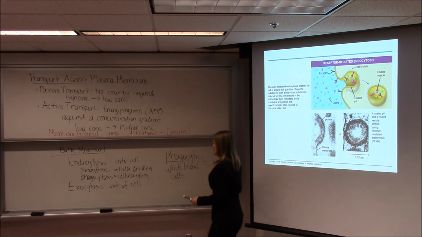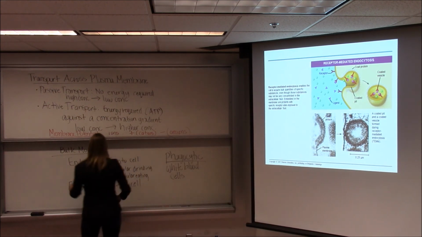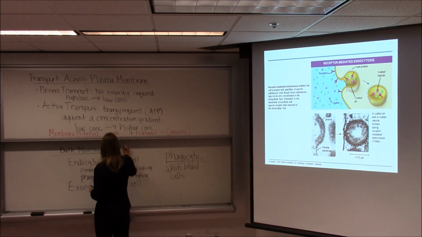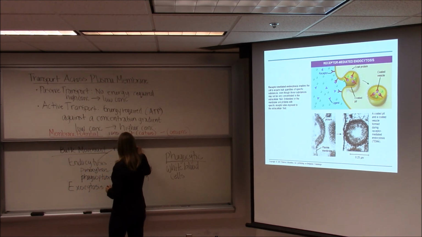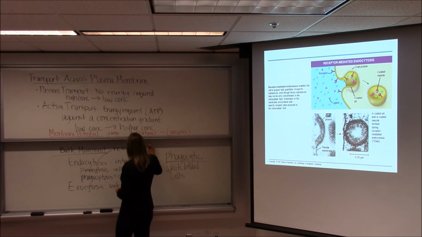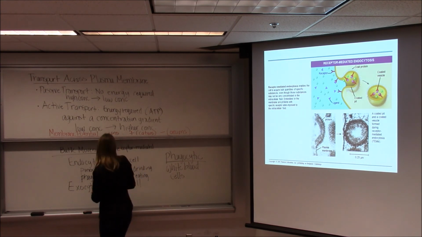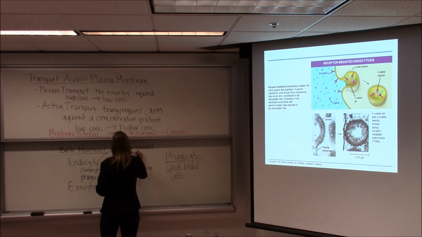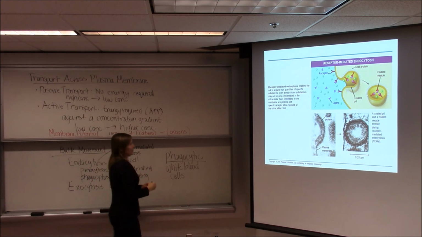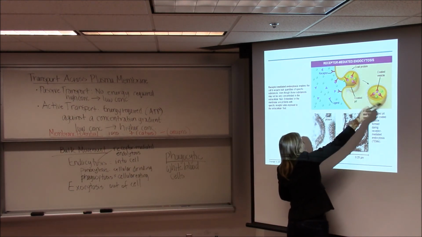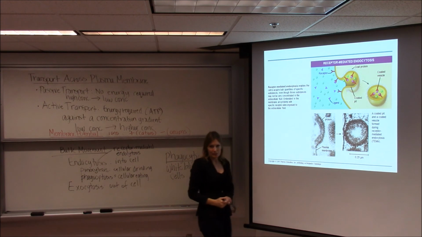So sometimes that endocytosis can actually be what we call receptor-mediated. This is how we process bad cholesterol. So receptor-mediated endocytosis. It involves molecules actually binding to a receptor, and then we bring them in and process those materials.